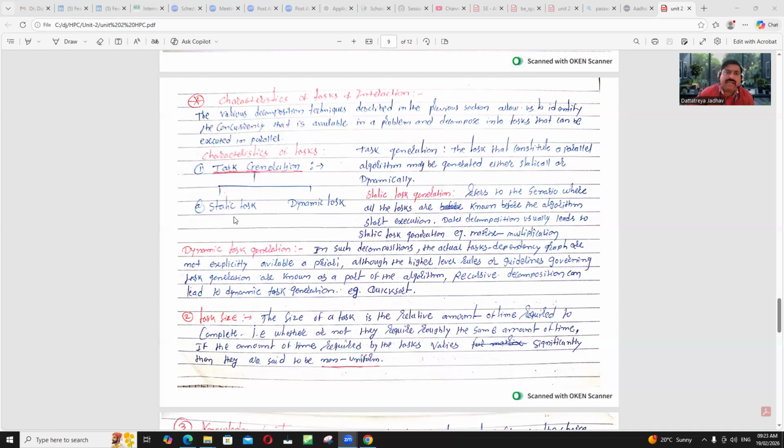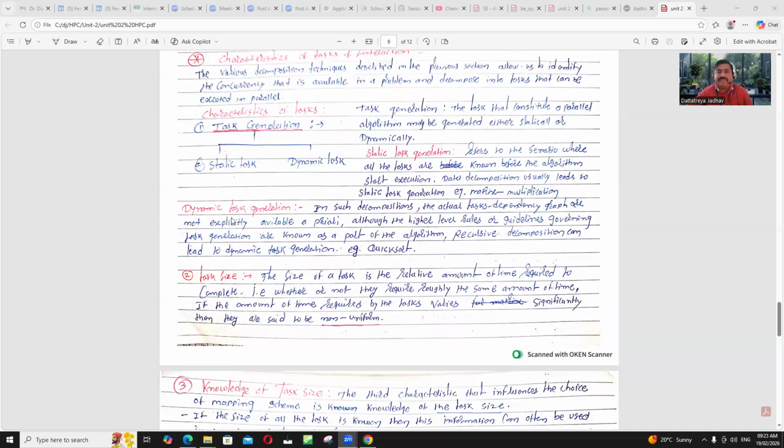So in task characteristics, there are also a number of parameters we have to consider, related to the task size, right? So what is the task size?